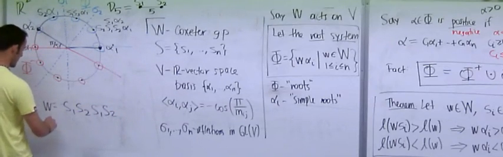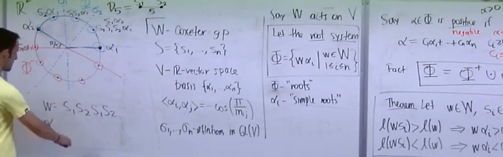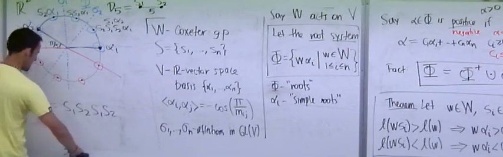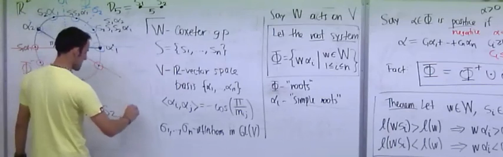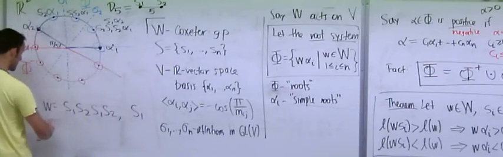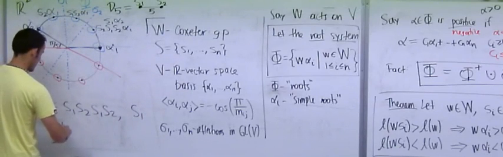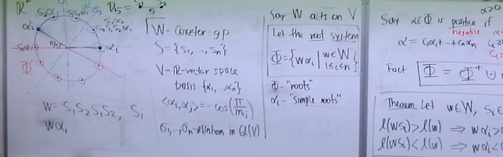And let's say that alpha, let's apply this to s1. So we would like to know whether w alpha_1 is positive or negative. So let's check it in both ways.